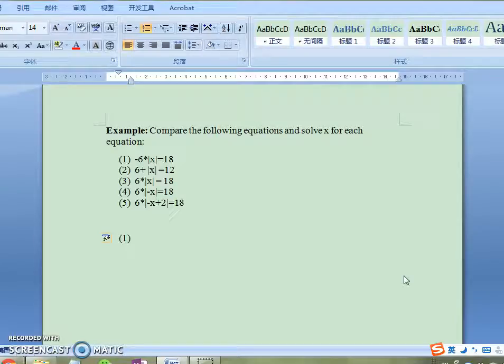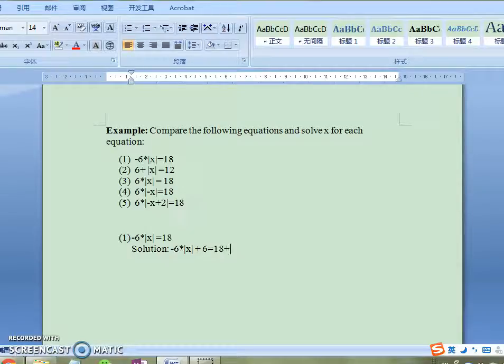The first says -6 times the absolute value of x equals 18. So I saw that some students did this, because they saw -6. So in order to solve for x, we need to add +6 to both sides.